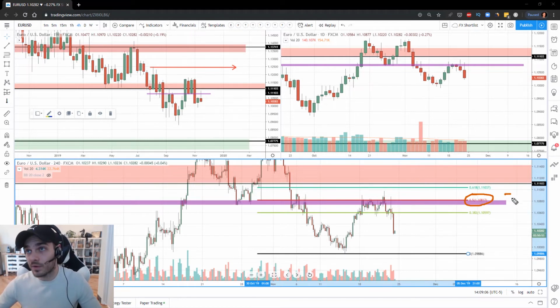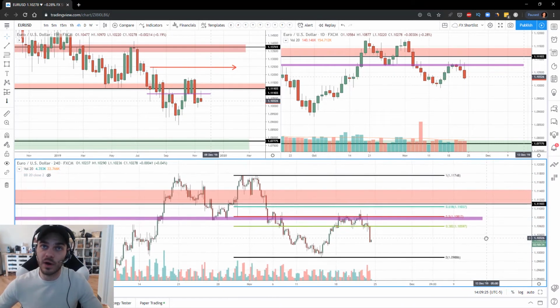So that is Confluence level number two. We've got right now a key daily support and resistance flip zone, and number two, we've got the 50% retracement of this impulse leg from the highs here to the lows down below 1.10. So that is two levels of Confluence.